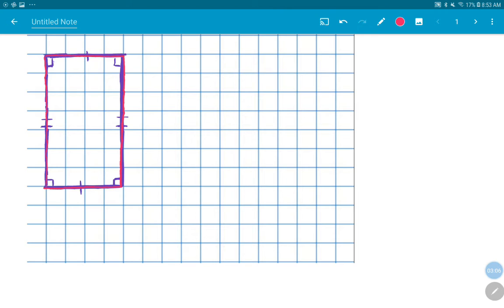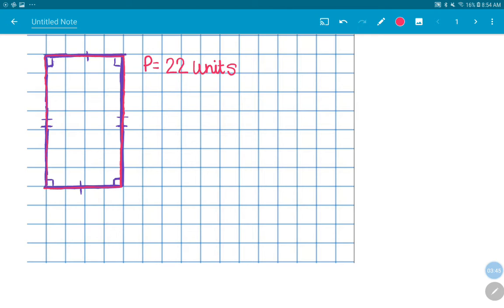So to get all the way around the outside of the rectangle, it took me 22 of those units. So what do we call the measurement around the outside of a figure? It's the perimeter. So I'm going to say P for perimeter is equal to 22 units. I went by 22 squares to get all the way around.